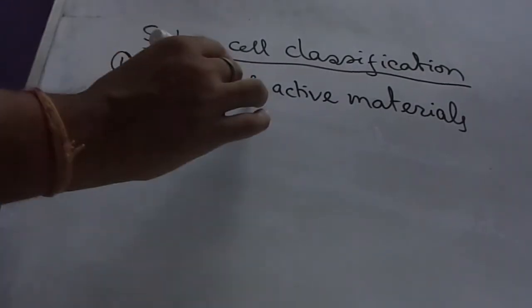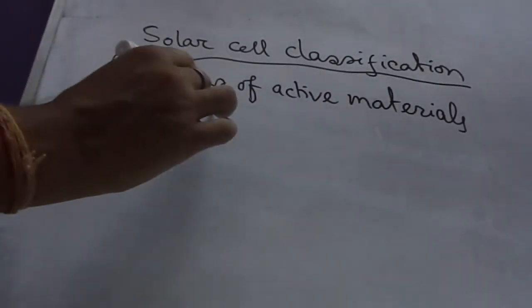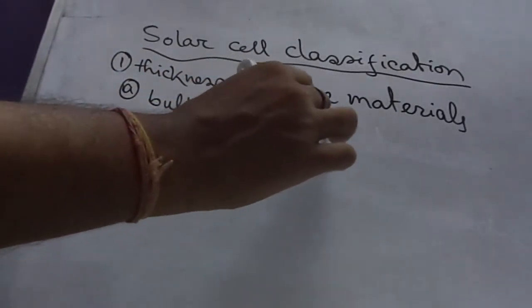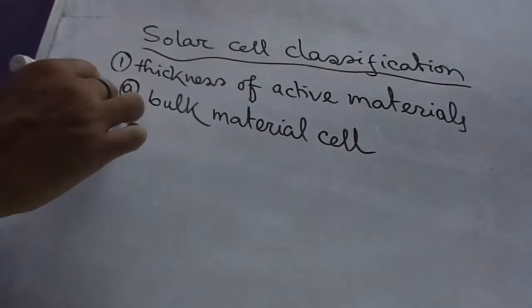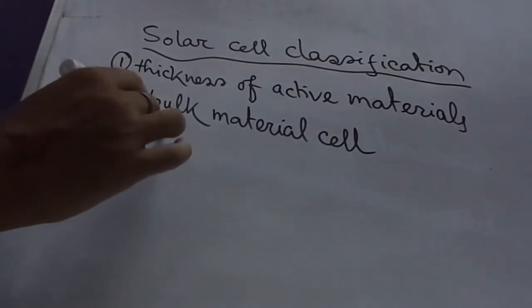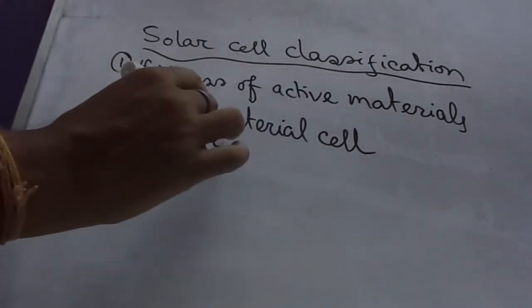Depending on the thickness of active material, cells are classified as, first, the bulk material cell, and second, the thin film cell.